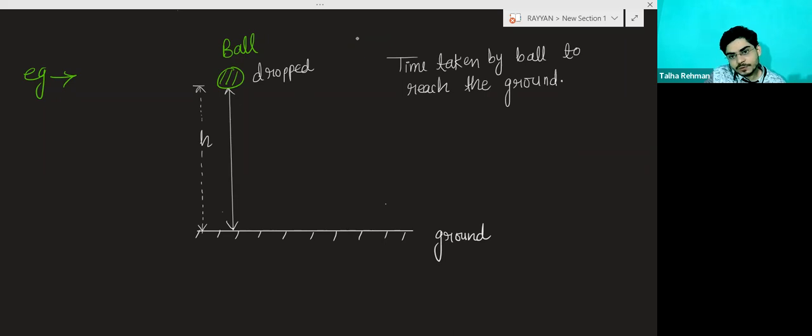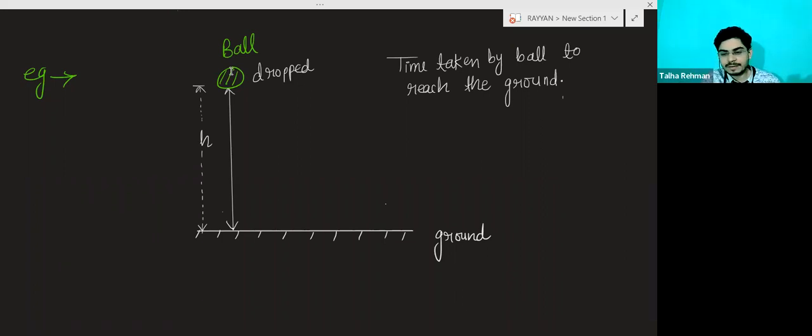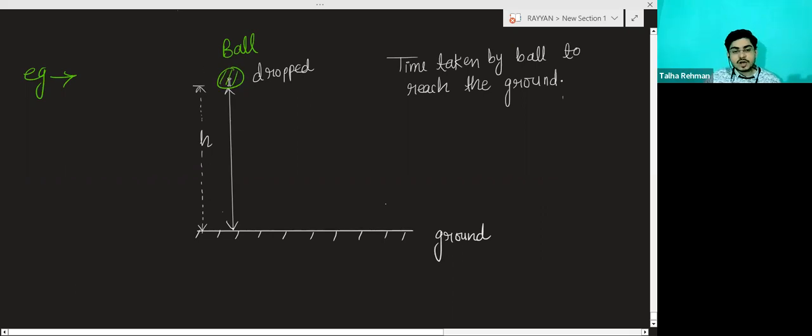Now this is a very beautiful question. The ball is here, you are dropping it, and it is under gravity. This ball is performing motion under only the gravitational force, and you have to find how much time it will take to reach the ground.